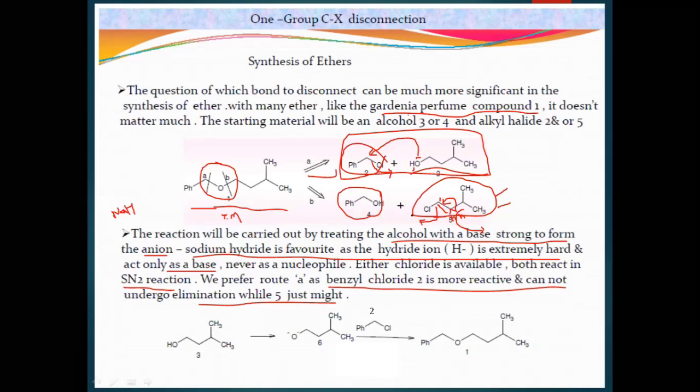Because if you follow path B, you may get some conversion to the target molecule, but along with that, there is a side reaction, that is formation of the eliminated product.